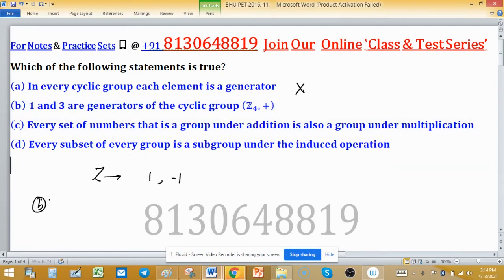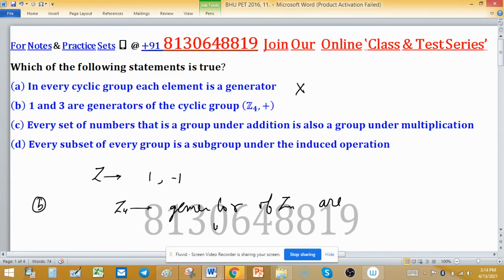In option B: 1 and 3 are generators of the cyclic group Z4. The generators of Zn are those elements which are coprime with n and less than n.